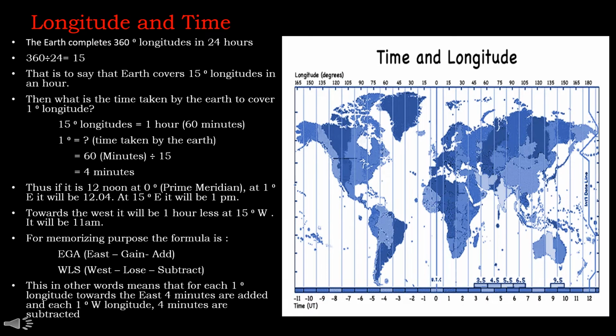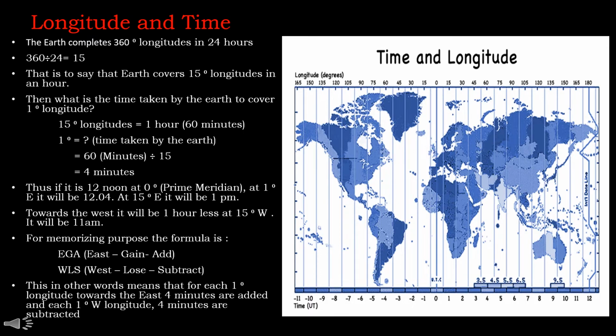The next topic is longitude and time. The lines of longitude, as stated earlier, are also known as the meridians. At a particular moment of time, if it is 12 noon at a given longitude, it must be 12 noon at all points on this longitude.